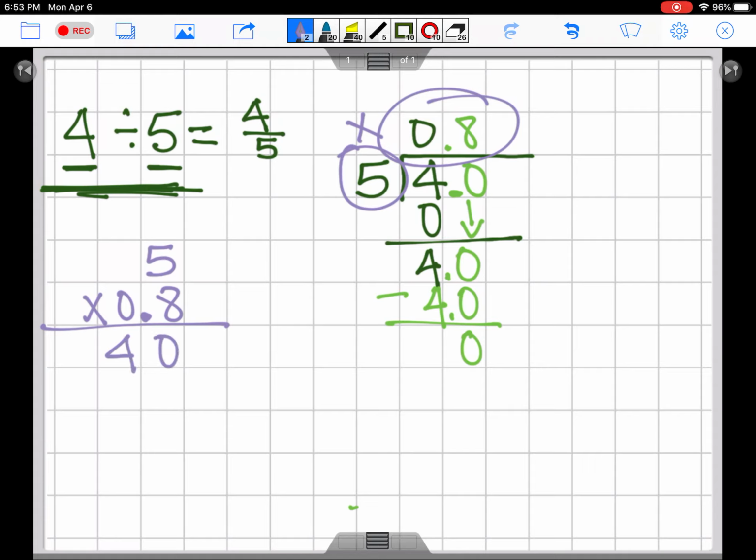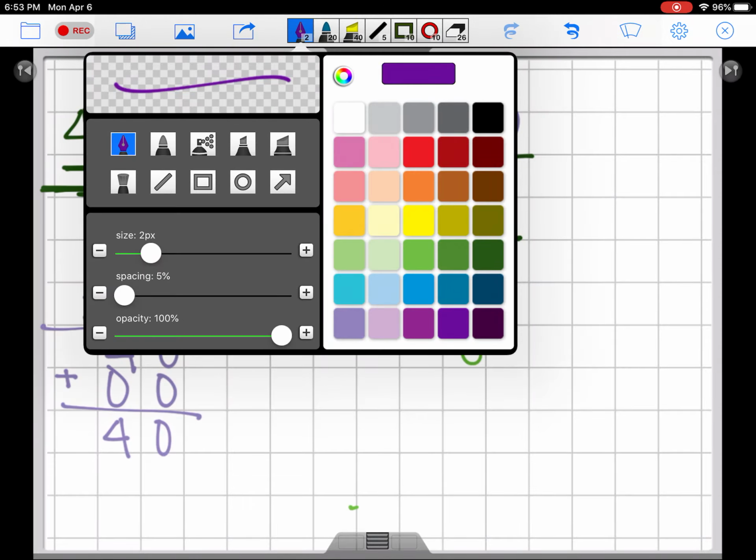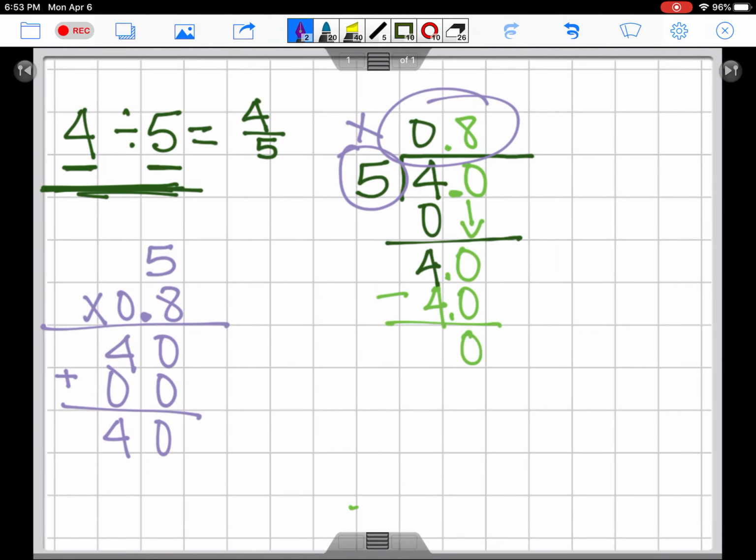You don't have to do this 0, but if you'd like to, you can. Start by putting your placeholder, then do 0 multiplied by 5 equals 0. Add your partial products. 40. So 5 multiplied by 0.8 is 40? I don't think so.